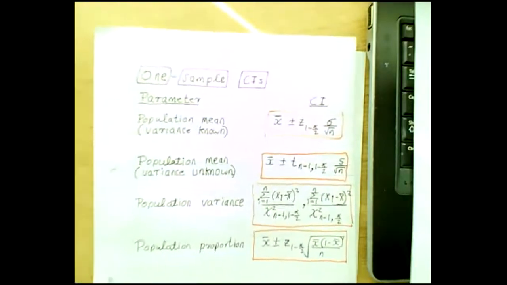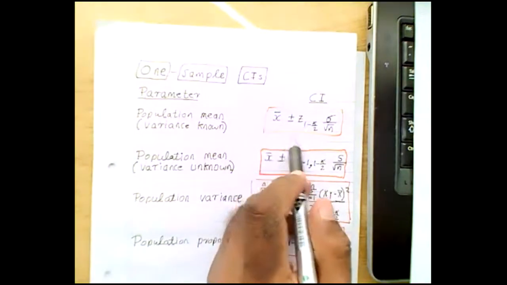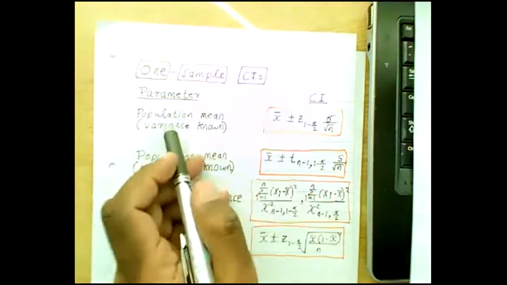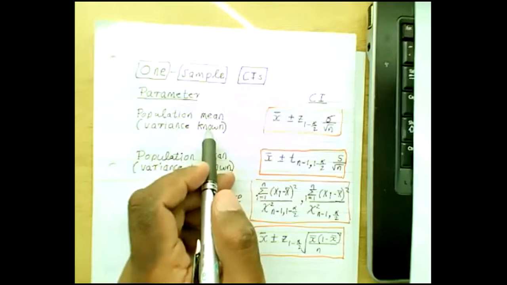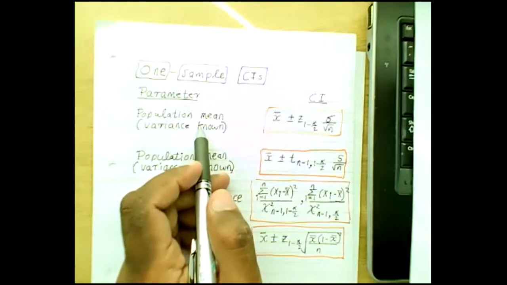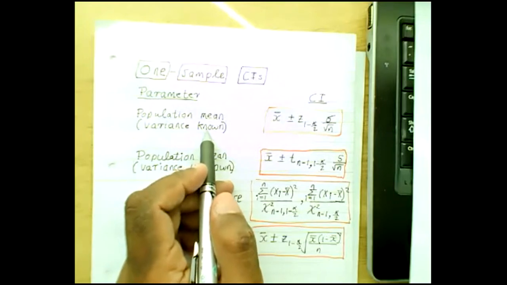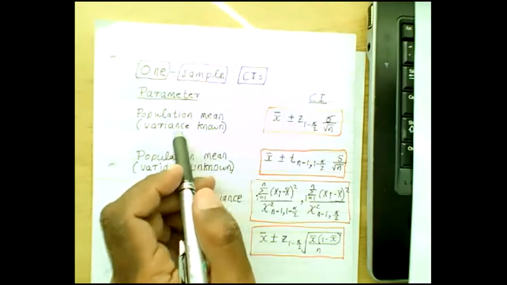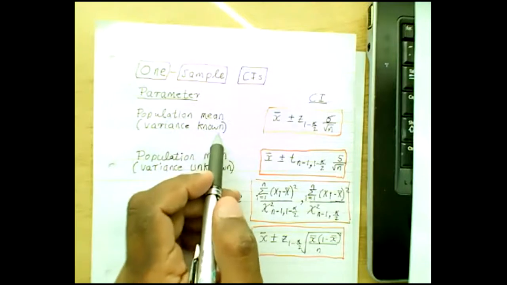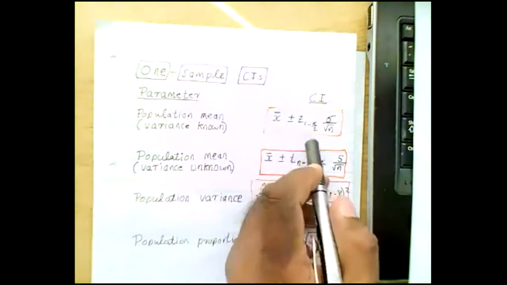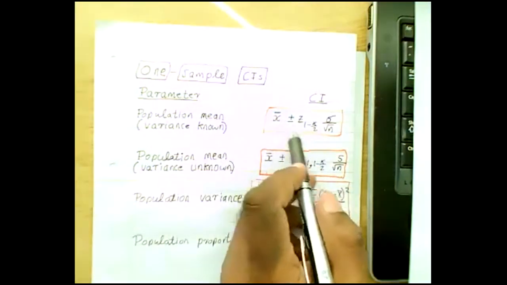So once again, we are looking at the confidence interval for the case where the variance is known, because the question tells you that sigma, the population standard deviation, is equal to 0.05. So we are assuming that the population variance is known. The formula that we need to use is this one.